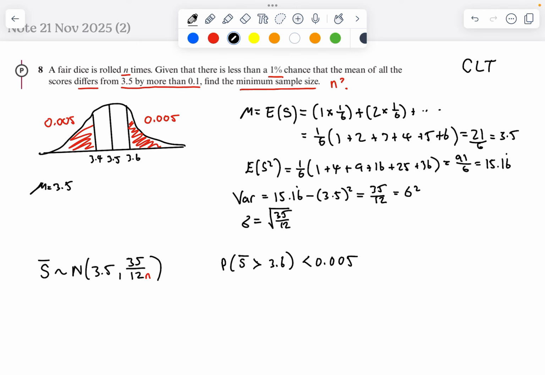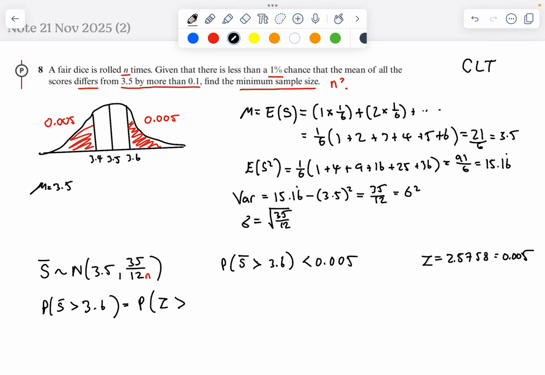Right, so I'm going to go to my standard normal table, and my standard normal table tells me that a z value of 2.5758 is equal to 0.005. Now remember the formula for this. I want the probability that x bar is greater than 3.6. So I'm going to standardize this to make it a standard normal.